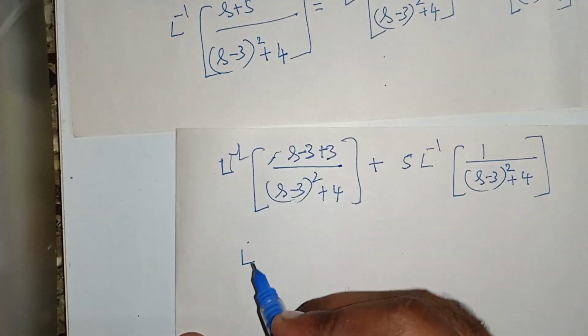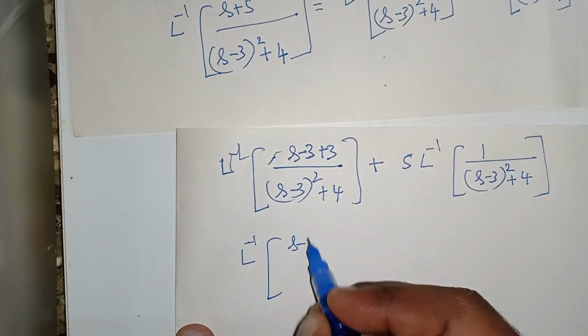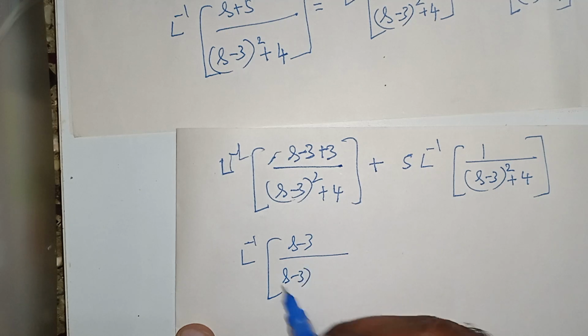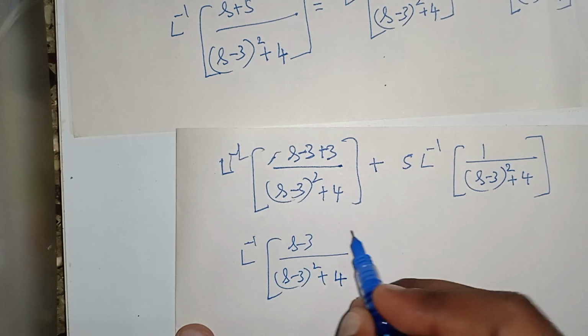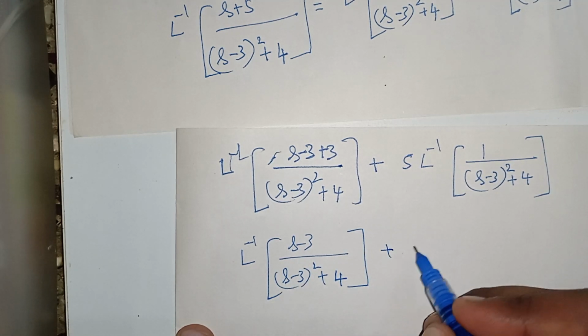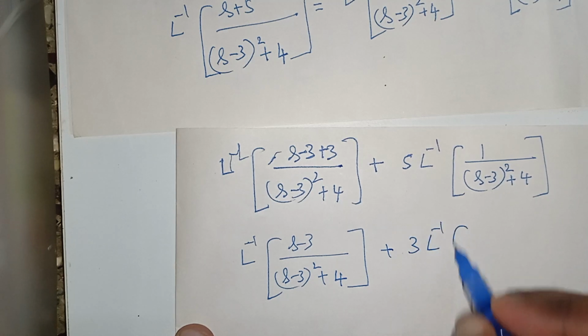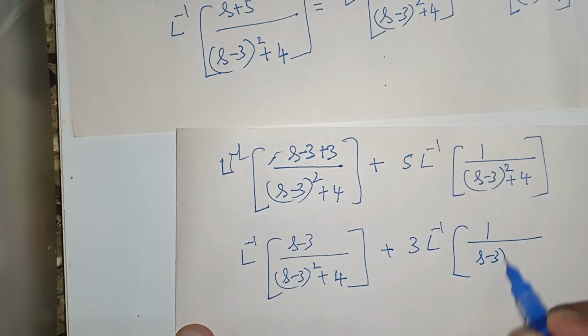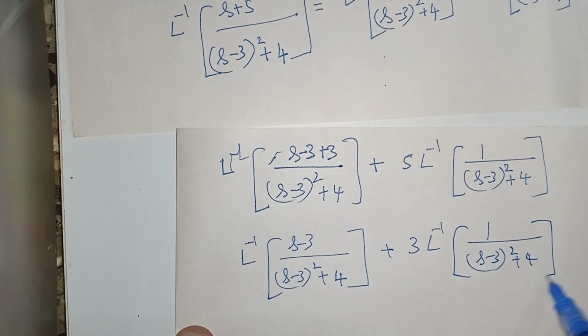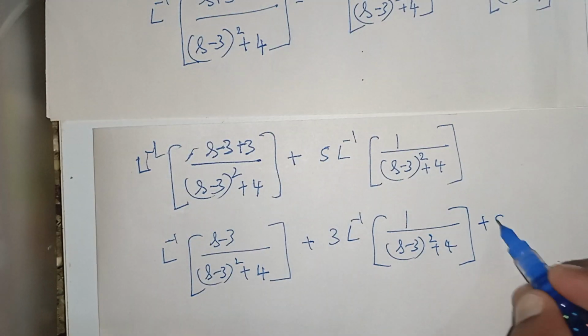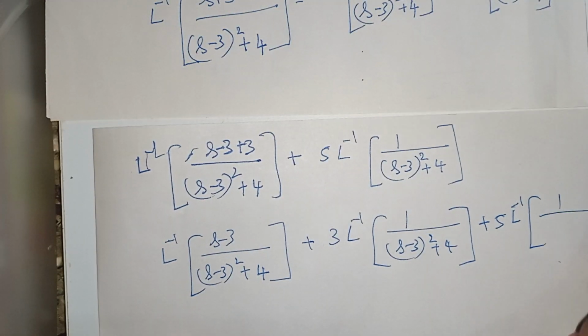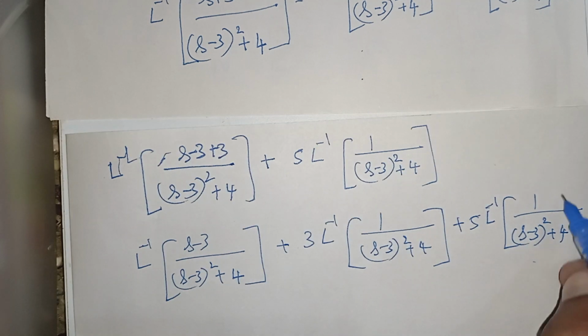So this can be again separated: L inverse of (s minus 3) divided by (s minus 3) whole square plus 4, plus 3 into L inverse of 1 divided by (s minus 3) whole square plus 4, plus 5 into L inverse of 1 divided by (s minus 3) whole square plus 4.